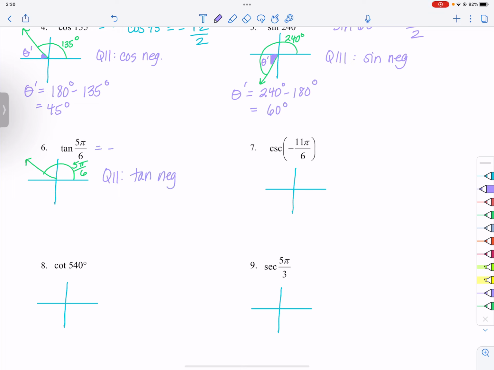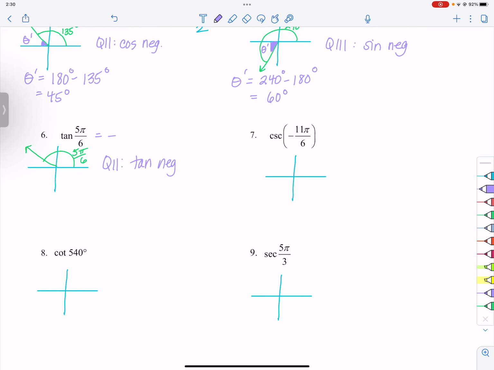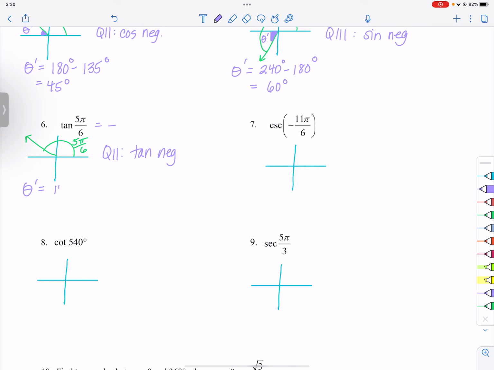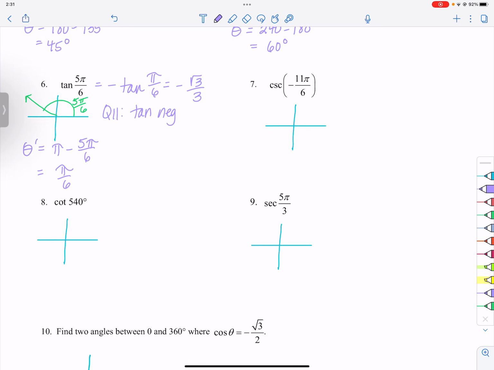So we already know we are going to have a negative there. How do we find theta prime? We will have all of pi minus 5 pi over 6, and that's pi over 6. So we have the tangent of pi over 6 with the negative in front of that, and that's the opposite of root 3 over 3.